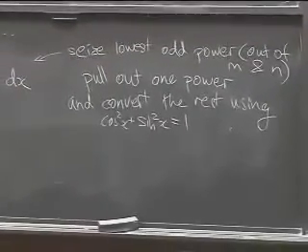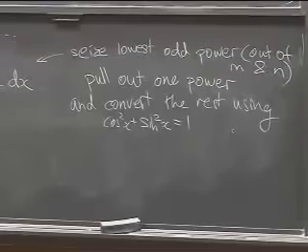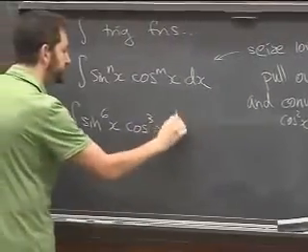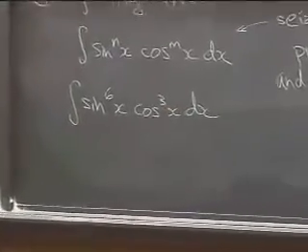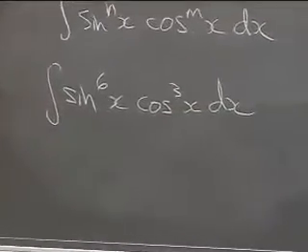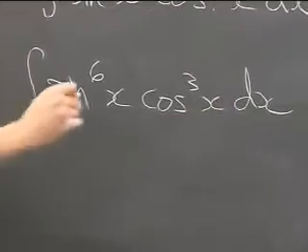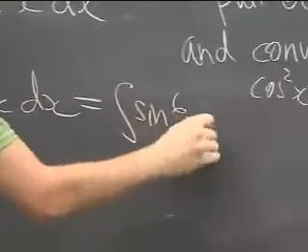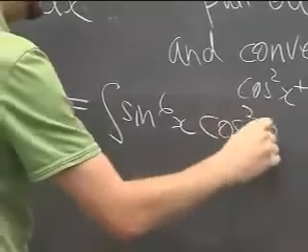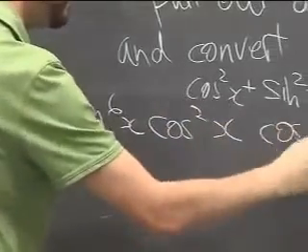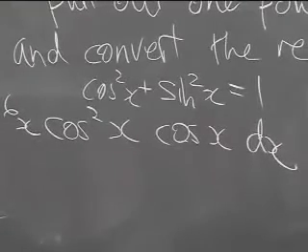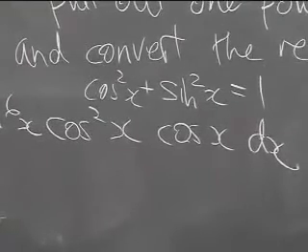So here's an example. Suppose I had, say, sine to the 6th x cosine cubed x dx. Okay, so 6 is even, 3 is odd. I seize the odd power, and I steal one of it away, as per my instruction. So I've stolen a cosine x away from the cosine cubed, and that leaves a cosine squared.